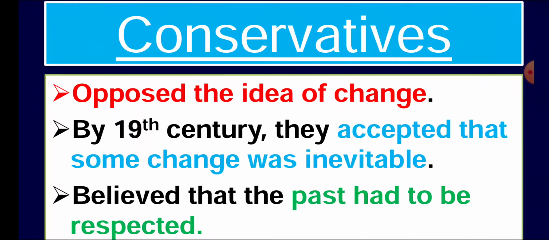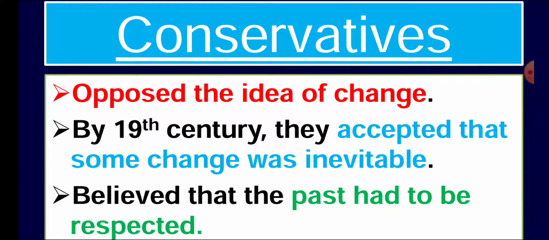Here we have the third group of society, conservatives. Conservative, as you all know, are people who don't want to change themselves, who believe that the past had to be respected, who opposed the idea of change. Meanwhile, they were happy in monarchy or in kingship or in empress rule.